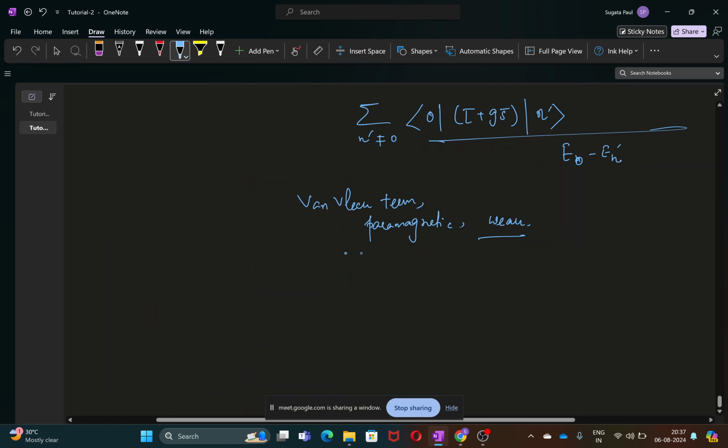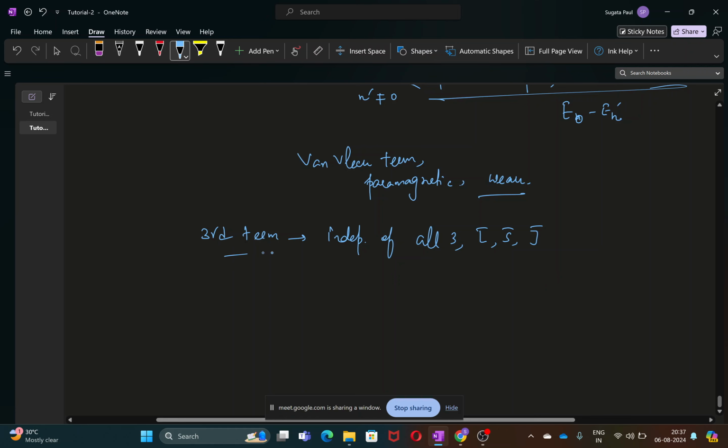Okay, and the third term, which is basically Larmor's diamagnetic term, is independent of all three, that is no L, no S and no J. So even if L and S are non-zero and J equal to 0, or even if all of them are 0, this third term is ever present because this is the inherent diamagnetic property of the system.